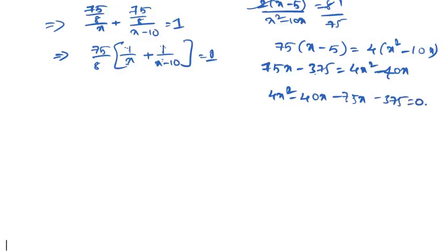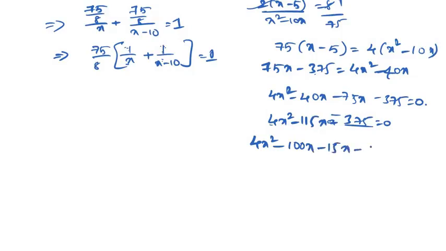So it will become 4x square minus 115x minus 375 is equal to 0. 375 times 4, how much? 3 times 4 is 12, 1200, and 300 is 1500. So 100 into 15, okay, 1500. 4x square minus 100x minus 15x minus 375 is equal to 0.